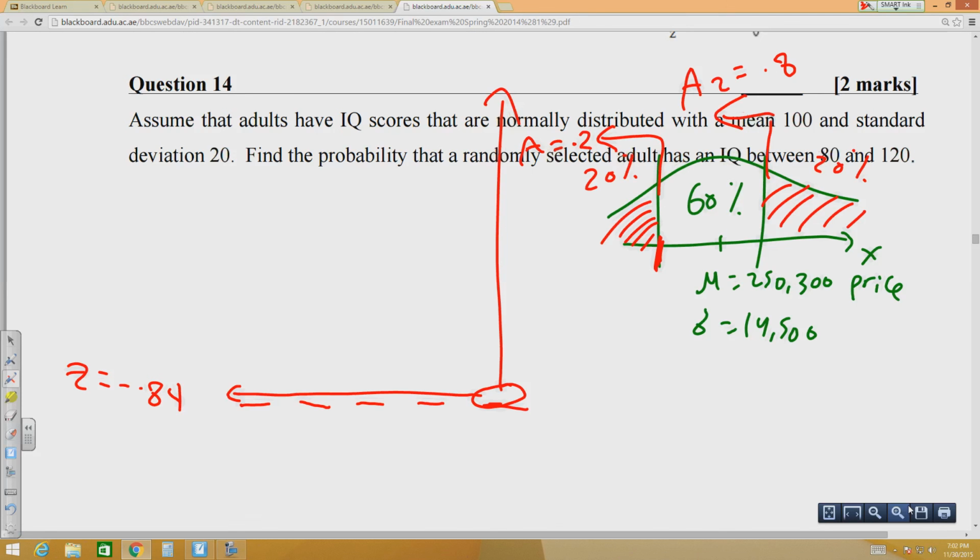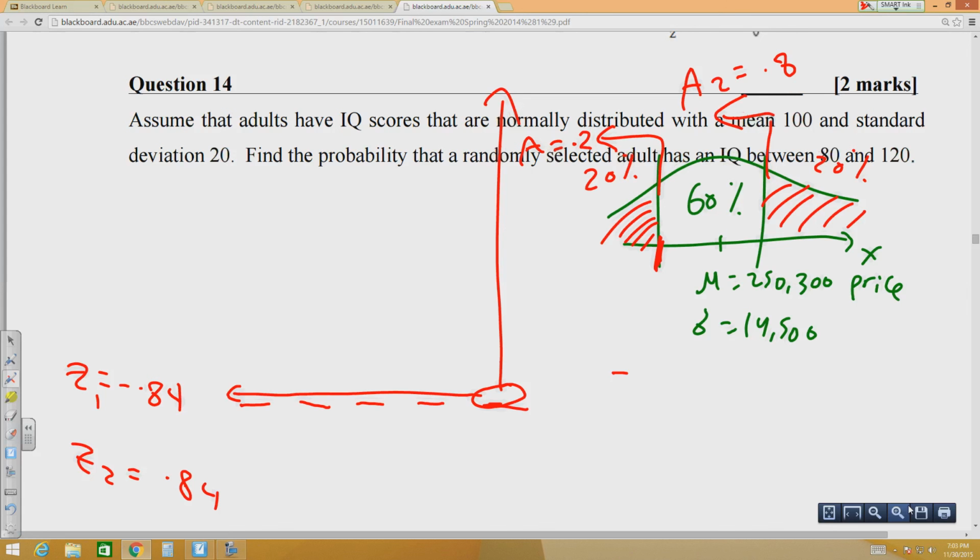So you do the same thing. You go to the table again, and you will find Z2 equal to 0.84. I know that because of symmetry.